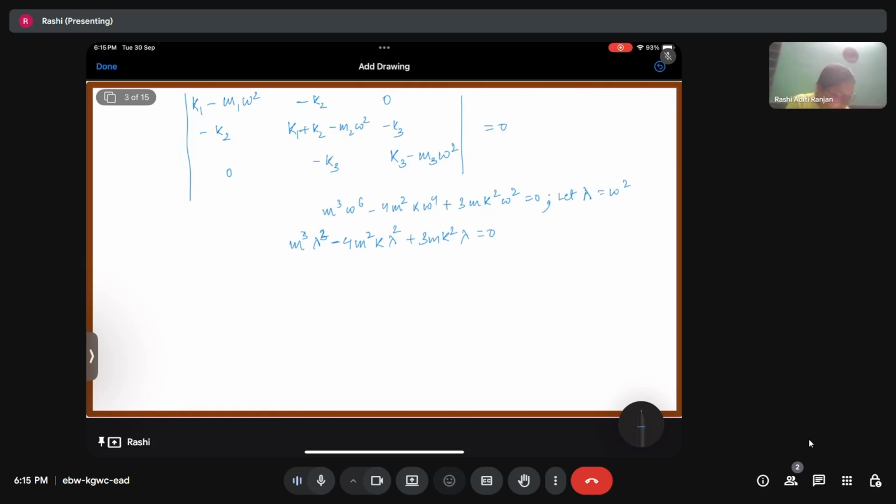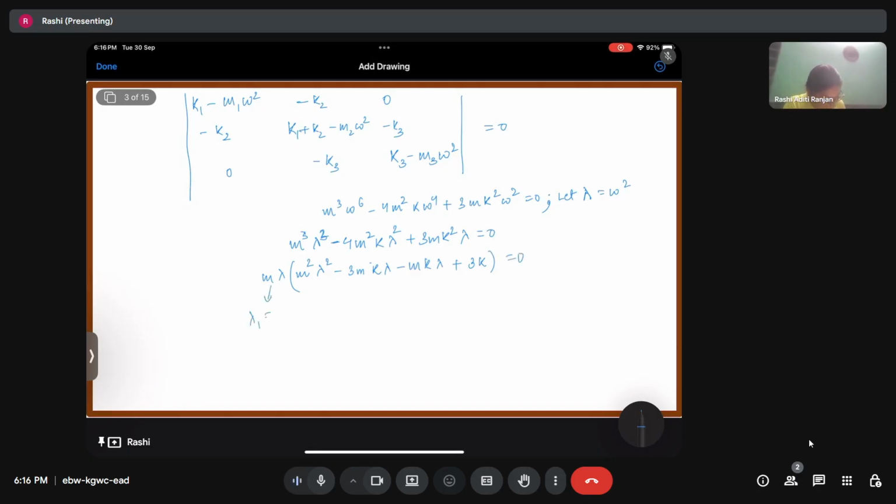Definitely we have a lambda common, so one of the roots is going to be 0. Taking lambda common, and m as well, we get m square lambda square minus 4 m k lambda plus 3 k square is equal to 0.